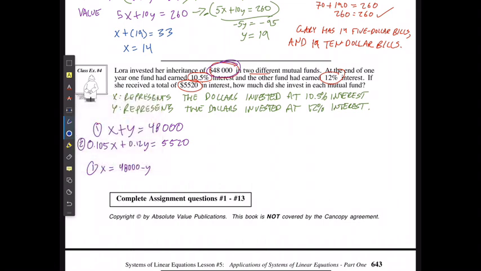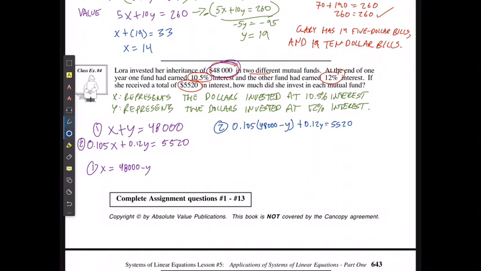I'm going to put that into equation 2. 0.105 times (48,000 minus y) plus 0.12y is equal to 5,520.